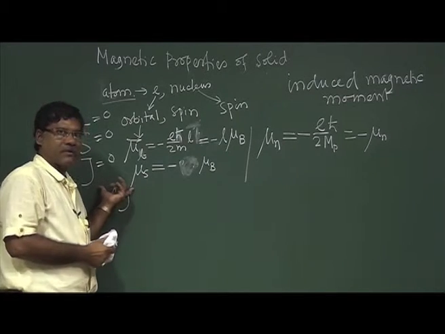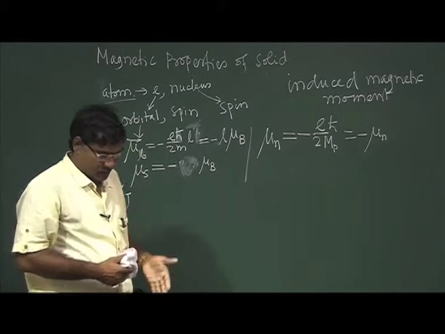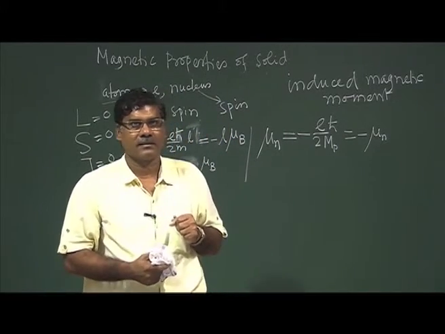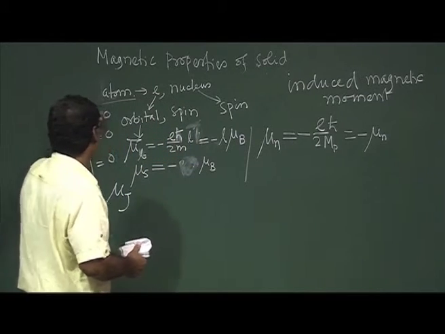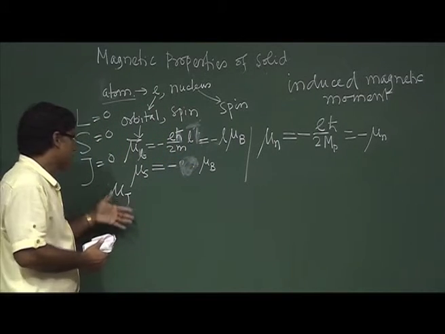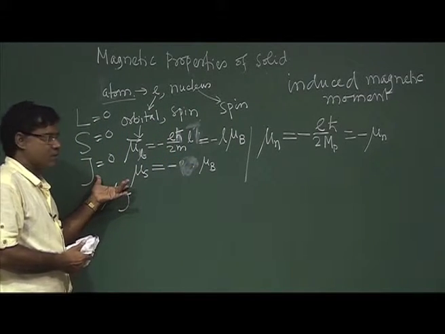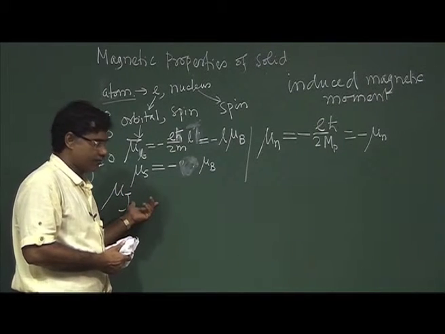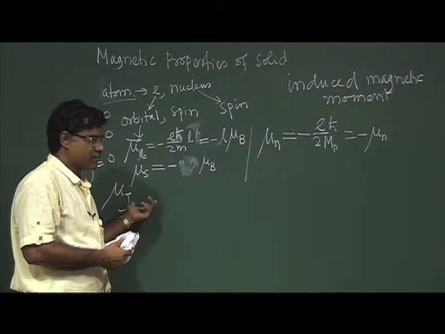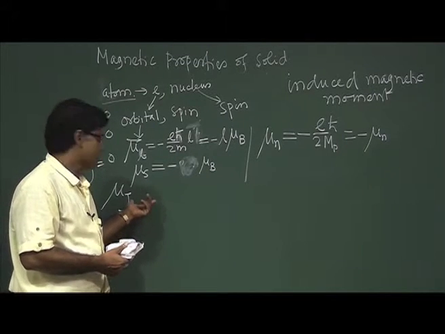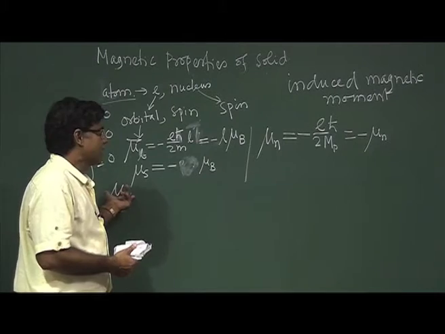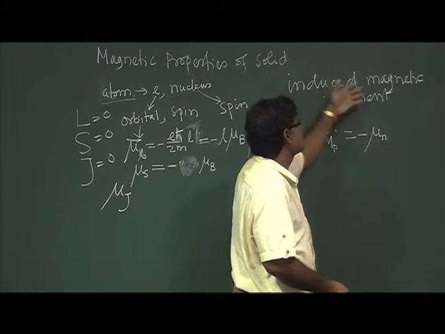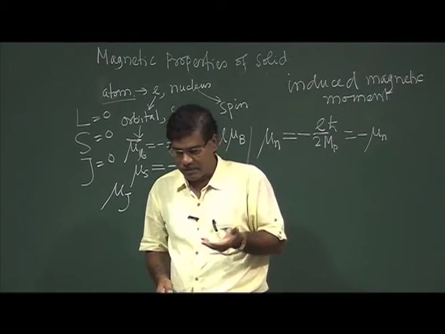There are atoms, say inert gases, which are all closed shell, so all are 0 and there is no permanent dipole moment. But still that material shows some type of magnetic property, which we will see is due to the induced magnetic moment.